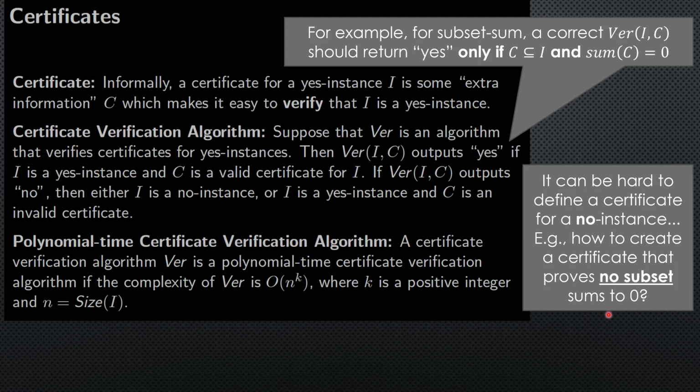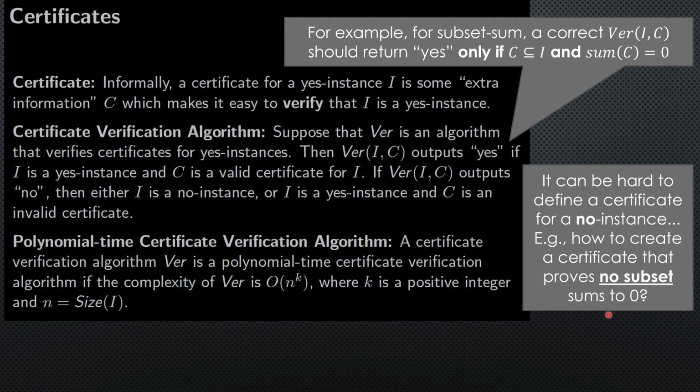But in order for you to check that certificate, you'd have to go through the entire certificate, which would contain exponentially many subsets. The size of the certificate would be exponential in the input size, and verifying it would at least require reading the whole certificate. That would take exponential time to verify, so we couldn't get a polytime certificate verification algorithm to verify that kind of no instance.